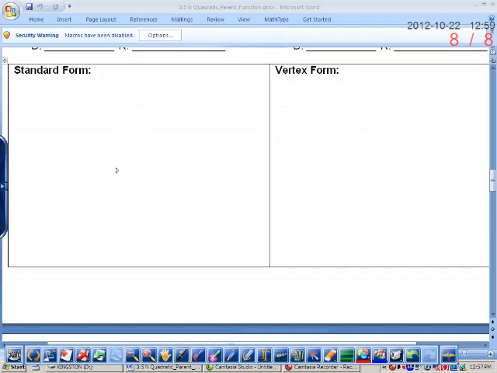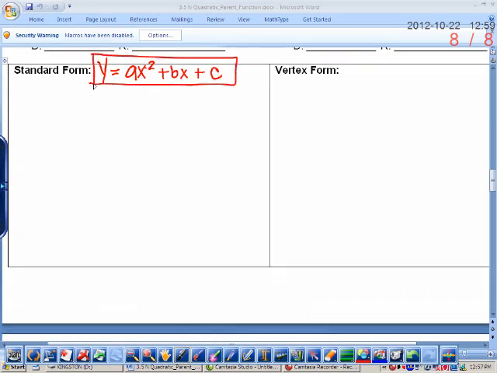Do you remember what standard form of a quadratic is, Reese? Good. Y equals ax squared plus bx plus c. Okay, we can get a lot of good information from this. First is concavity.